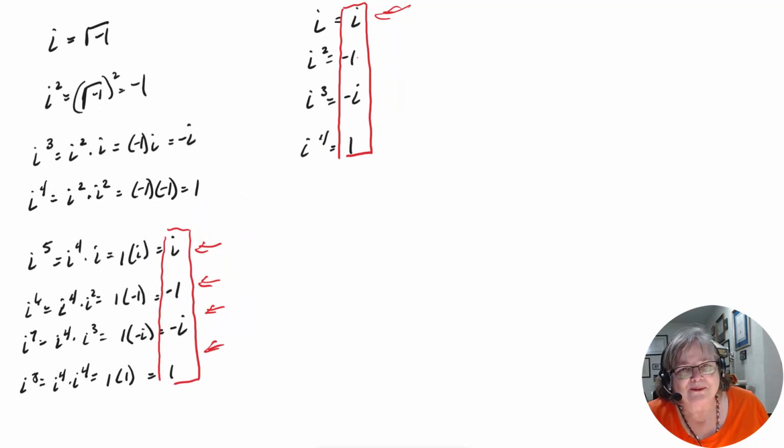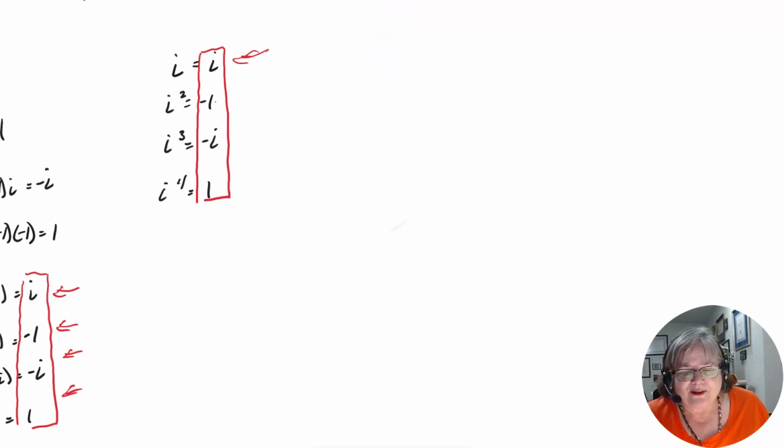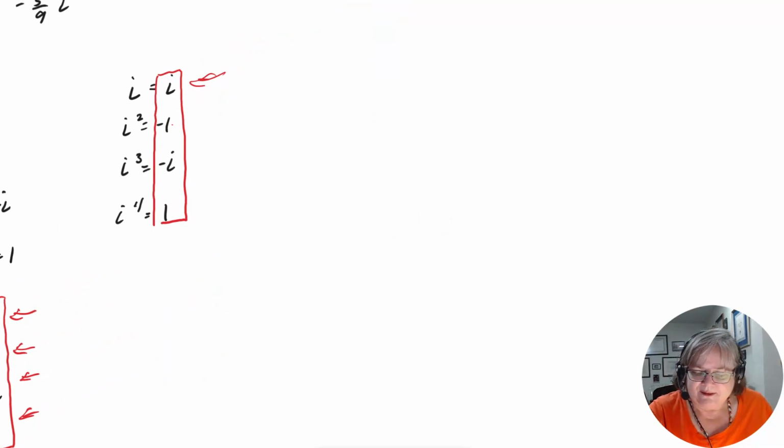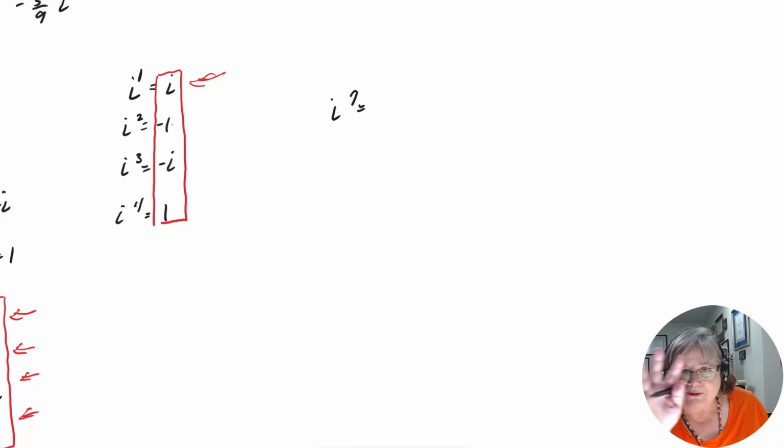It never stops. And so we don't care how many times I go through the pattern. I just want to know where I stop. So for instance, let's look right here. If I had i to the seventh, we just figured out over there what it is, but let's do it this way. There's a pattern of 4, right? There's 4 entities in this pattern.